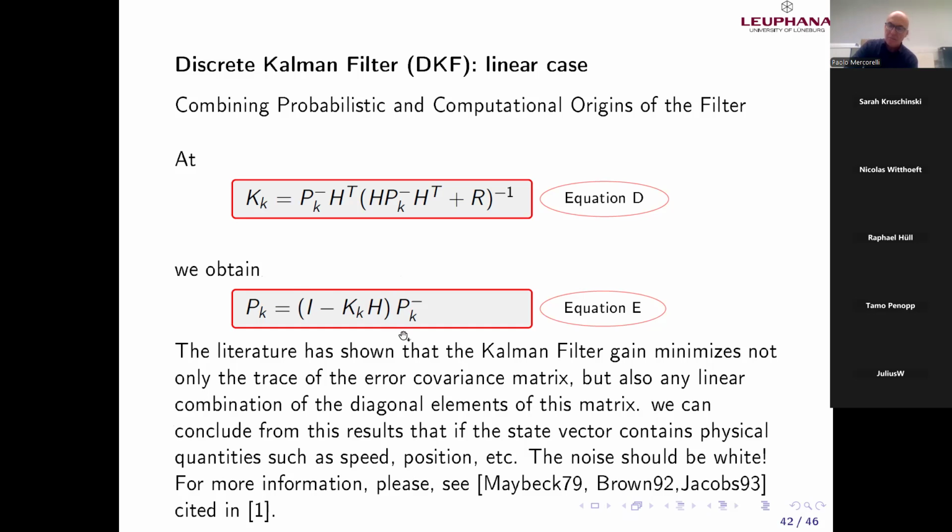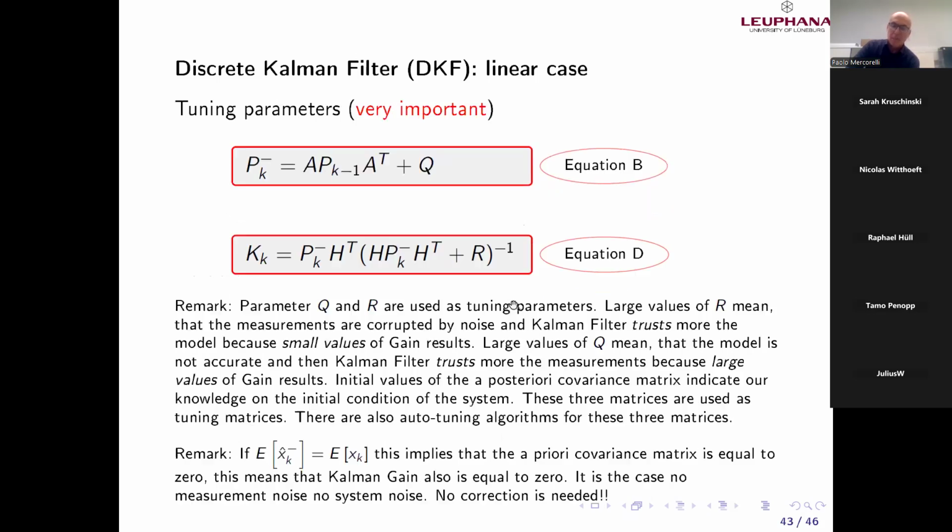You can believe me, because PK minus can be written in a form of PK. You can include it here, and then you have to do the calculations. In this form, in the majority of the books, it is written this way. Equation B and equation D.